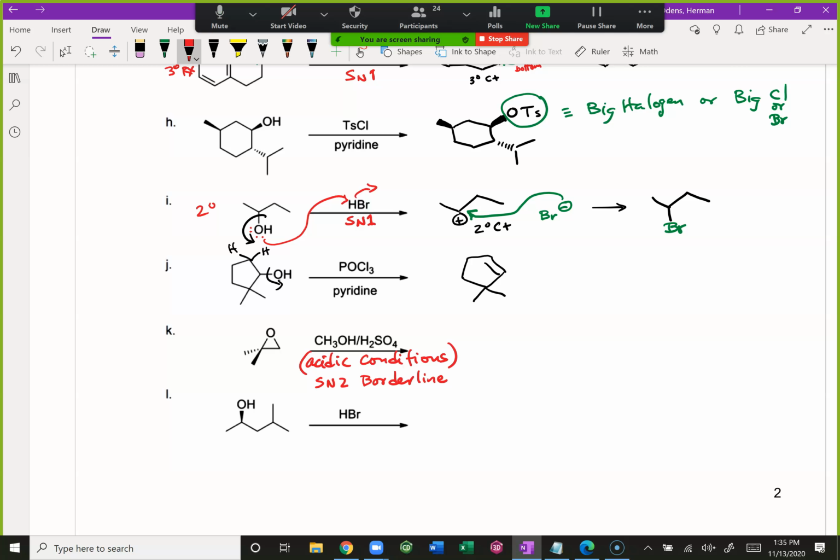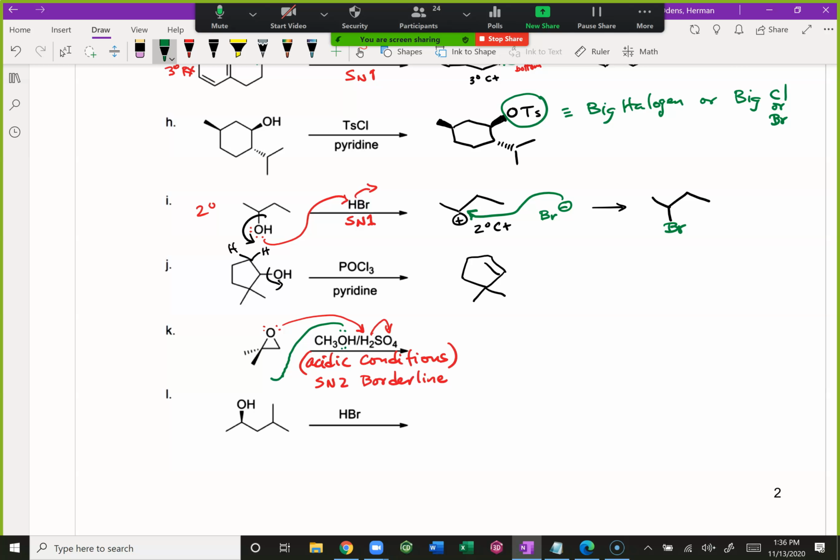So, step one, the epoxide gets protonated. Then, step two, the nucleophile, which is neutral, attacks where?